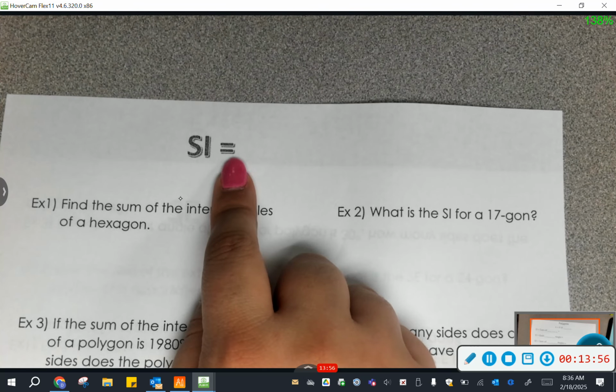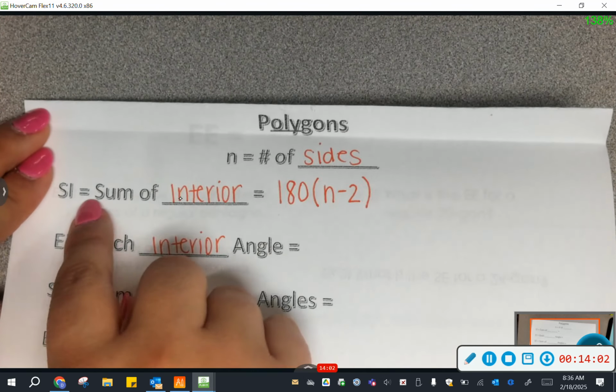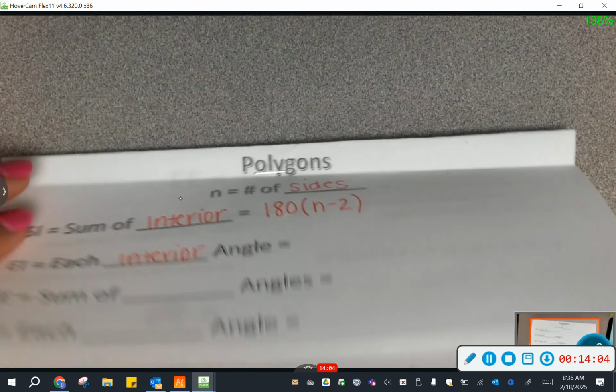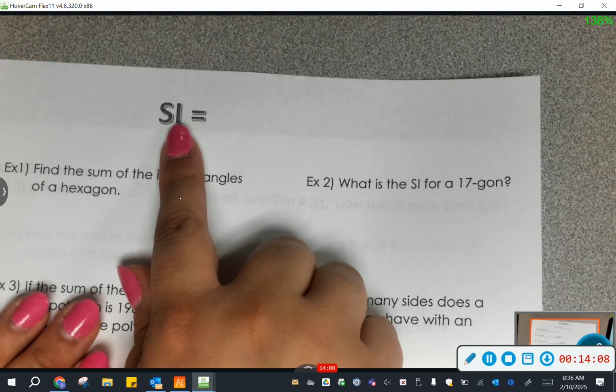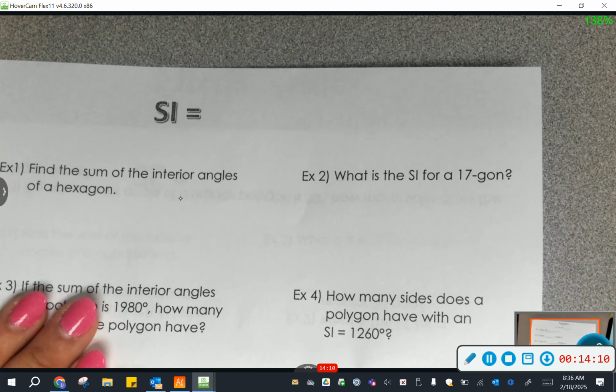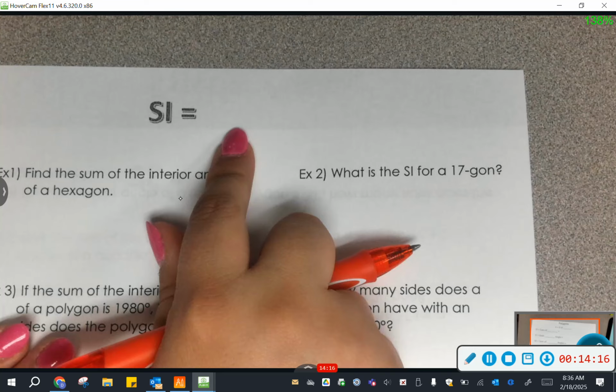What is SI? SI stands for sum of the interior. So instead of writing sum of the interior, I'll probably just write SI a lot. Are you on the one that says SI up top? Yes. Flip it again. If you're not, flip it again. There you go.